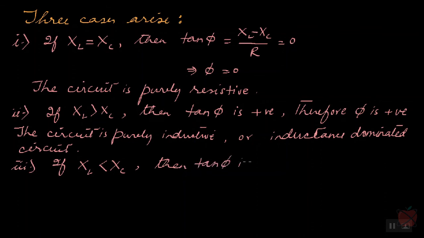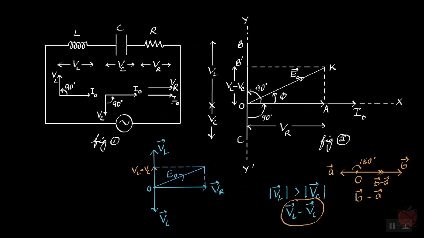Number three, if suppose XL is less than XC, then tan phi will be negative. I think that is clear, right? XL minus XC is negative. Therefore, phi is negative. And what type of a circuit where we have phi to be negative? This circuit is for this phasor diagram, and that phasor diagram is for a capacitor.